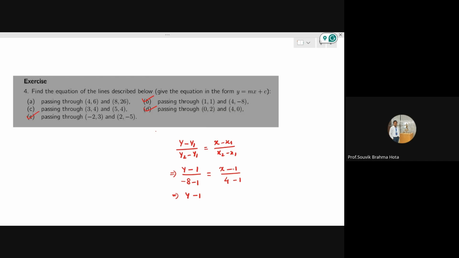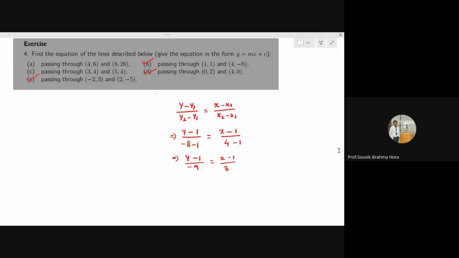So y minus 1 divided by minus 9, x minus 1 divided by 3. Therefore, if I multiply with this, it will become y minus 1 equals minus 3x plus 3. So y is equal to minus 3x plus 4.